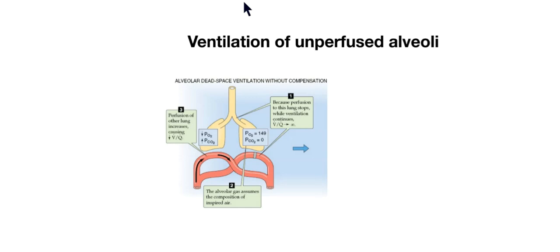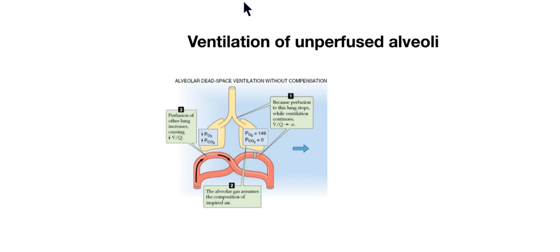What's happening on the left side? The problem is you are going to have a little bit lower oxygen and a little bit higher CO2, mainly because your blood that should be going to the left lung here is actually causing the right lung to be hyperperfused.